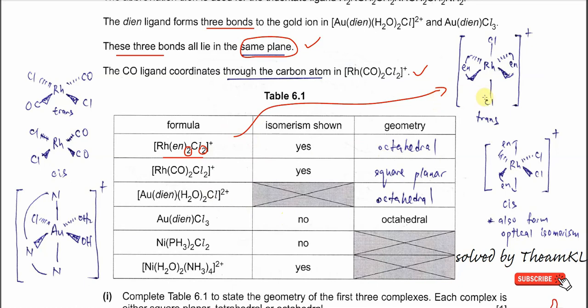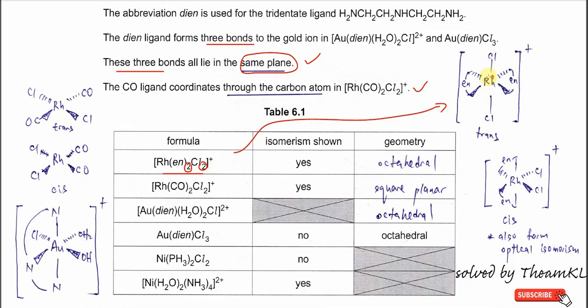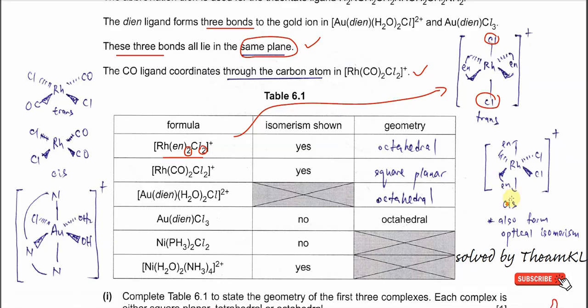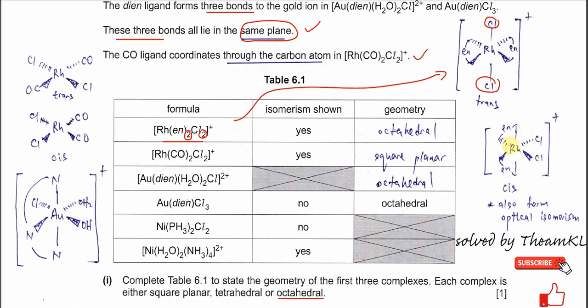And this one is the trans isomer of the first complex ion, because the chlorines are now on opposite sides, meaning the bond angle between them is 180. It's not the same side, it's at opposite sides. And for this complex ion, it can also form the cis isomer, something like this.